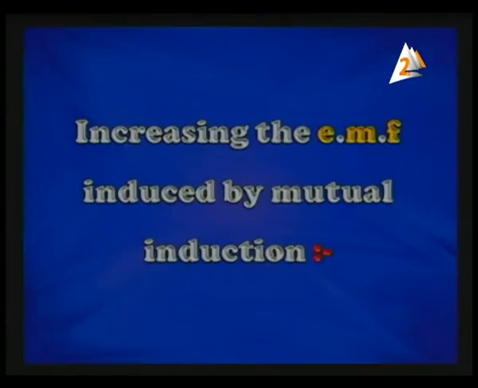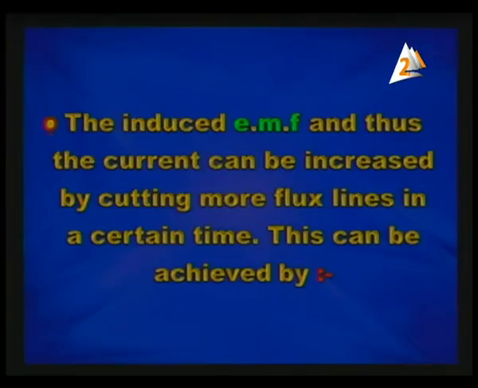And now, talking about how to increase the EMF induced in a coil by mutual induction. First of all, the induced EMF and thus the current can be increased by cutting more flux lines in a certain time.